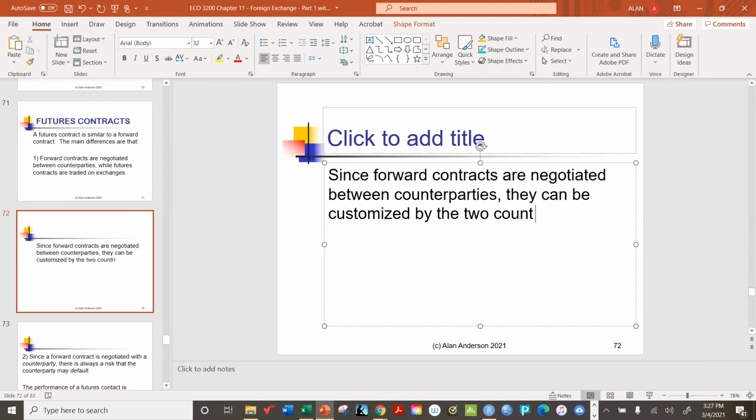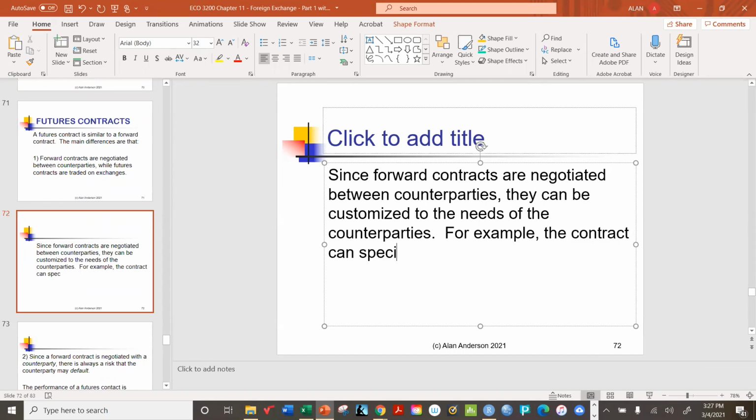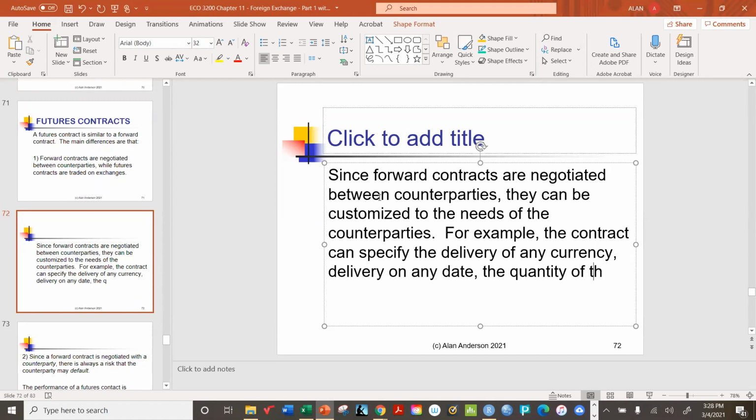In other words, they can be customized to the needs of the counterparties. For example, the contract can specify the delivery of any currency, delivery on any date, and the quantity of the currency, etc. So in other words, you can just negotiate directly with each other about what you want in this contract.